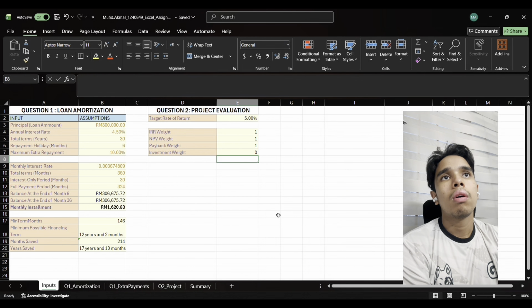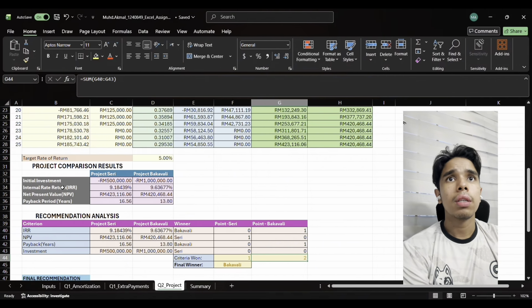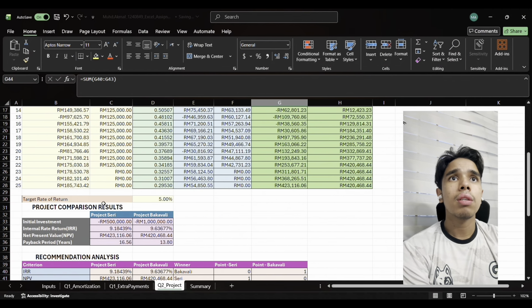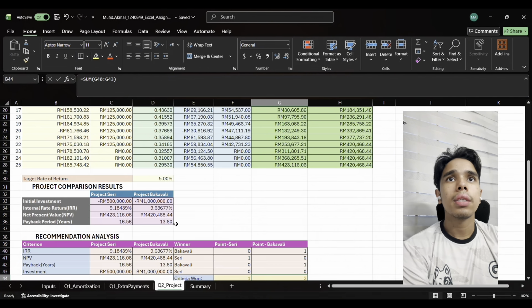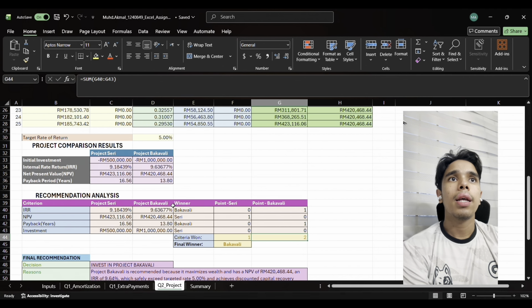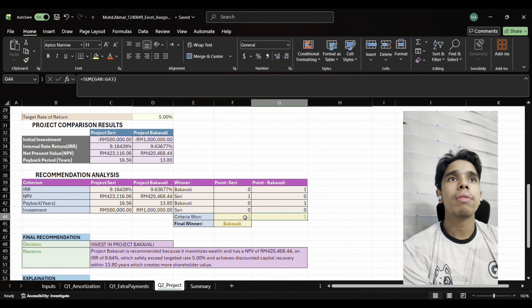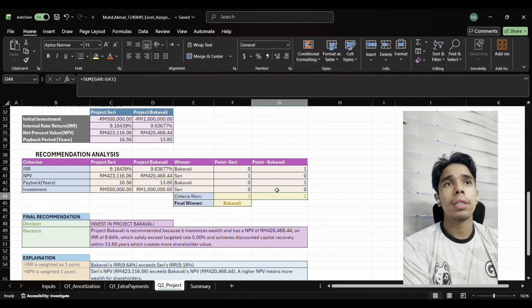So the target rate of return will be 5%. The discount factor will change, and the payback period will change also, because the investment is no longer needed. We just assume it will be zero, so we don't calculate the investment criteria.